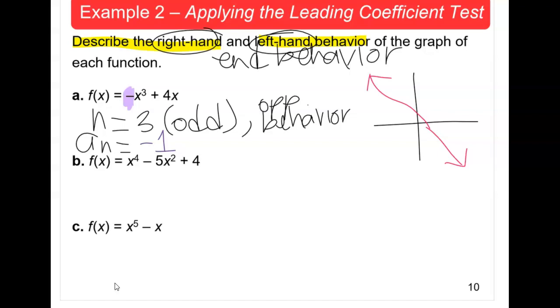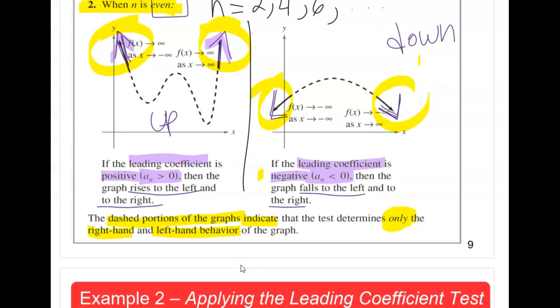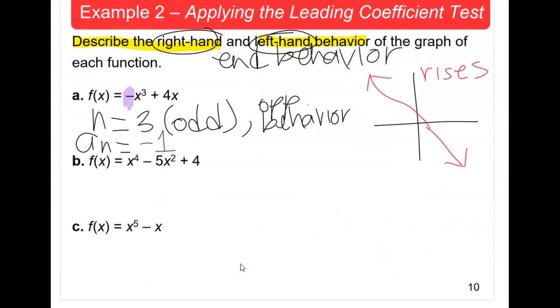So to describe the end behavior, it will be that it rises. Let me see exactly the words they use. Rises to the left. And I mean, this is like a very bad third degree polynomial because of the turns.